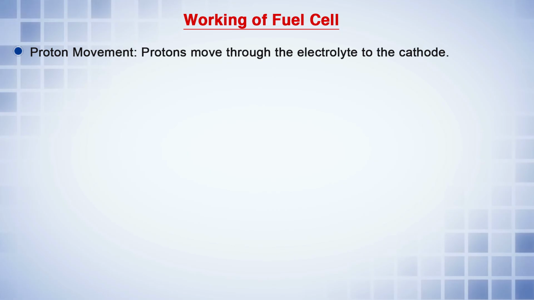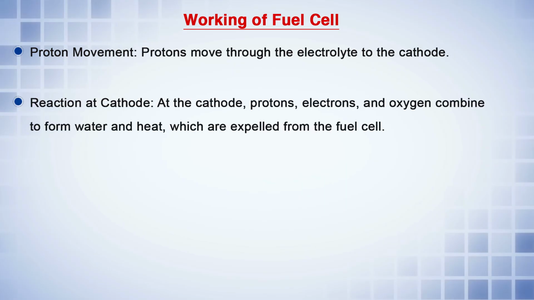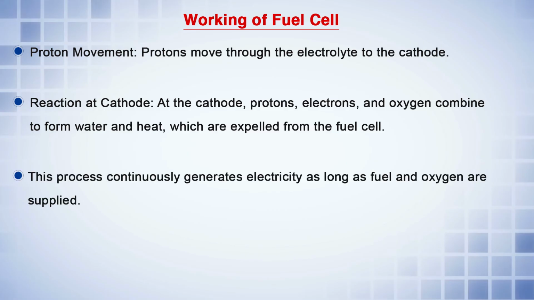Protons move through the electrolyte to the cathode. The next one is the reaction at the cathode. At the cathode, proton, electron and oxygen combine to form water and heat, which are expelled from the fuel cell. This process continuously generates electricity as long as fuel and oxygen are supplied to the fuel cell. So this is the working of the fuel cell.